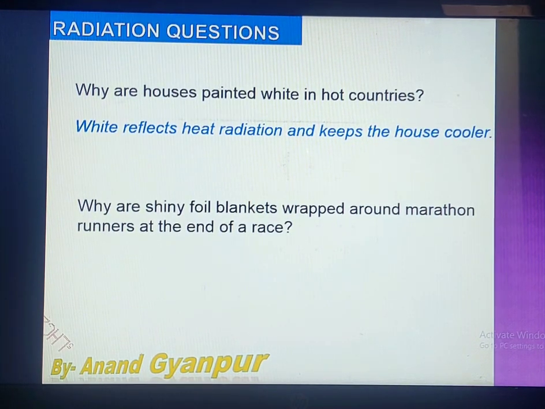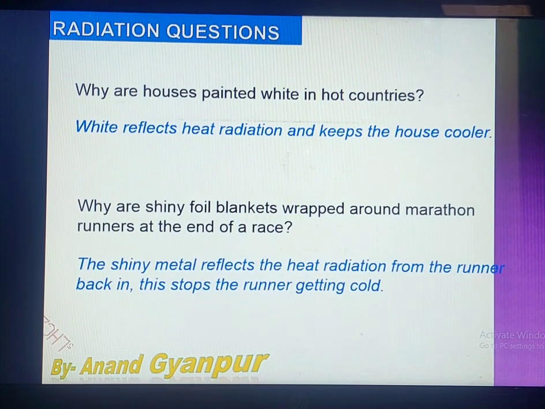Now the second question: why is a shiny foil blanket wrapped around a marathon runner at the end of the race? Most of the time you have seen that after running, when marathon runners reach the finish point, they are covered with a blanket. Why? Because the shiny metal reflects the heat radiation back towards the runner, and this stops the runner getting cold.